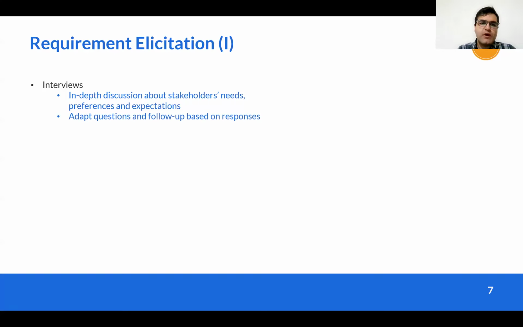Okay. So in an interview, you get what we call a qualitative response. Okay. When you're conducting interviews and surveys, you get one of two types of responses. You either get a quantitative response or a qualitative response. Okay. A quantitative response, when you're summarizing your findings, okay, you can basically categorize everything into numbers. Okay. For example, if you have a question in your survey that says, what operating system do you use?